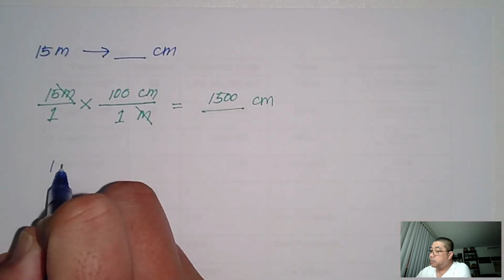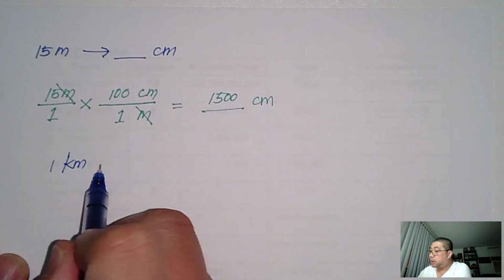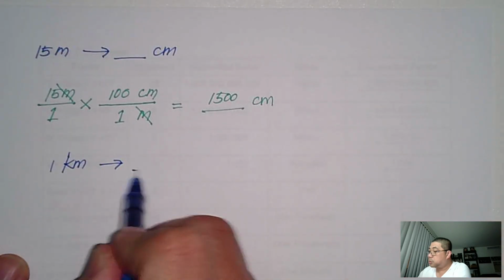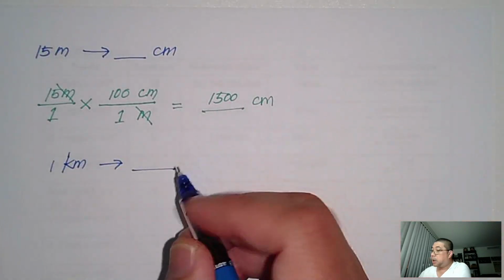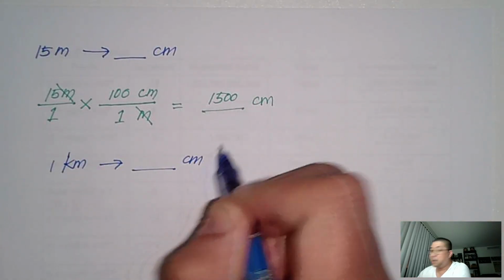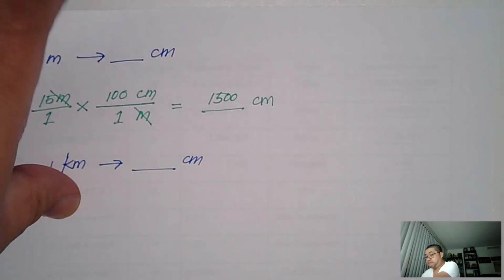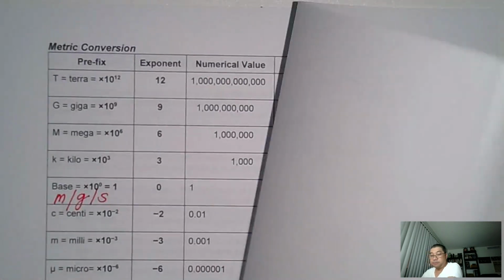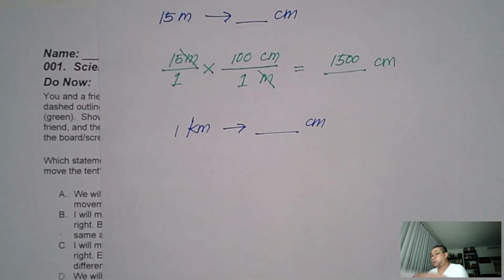So let's say I have 1 kilometer, and I want to change it to centimeters. So this time it's going to be smaller. If you look at your table in page number 3, there isn't any conversion straight to it.